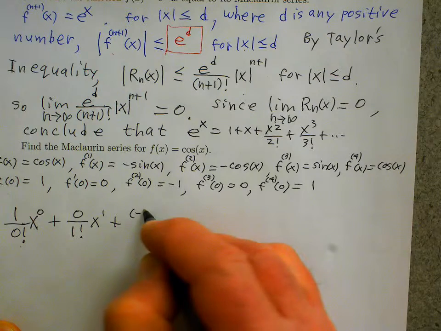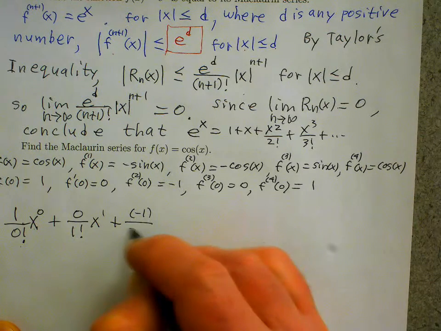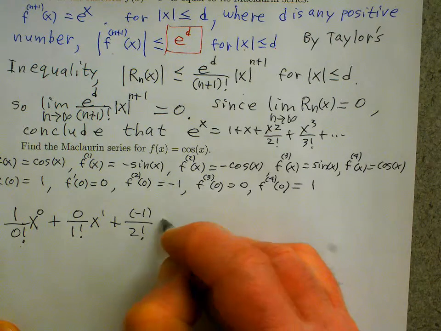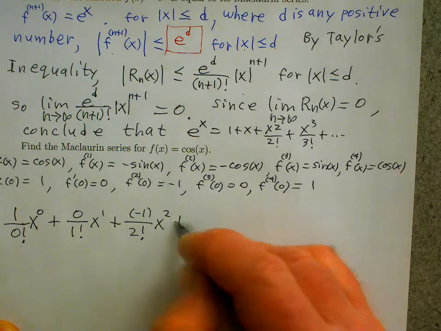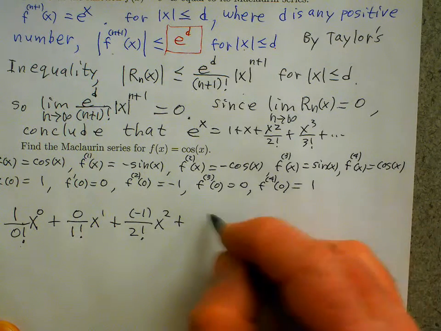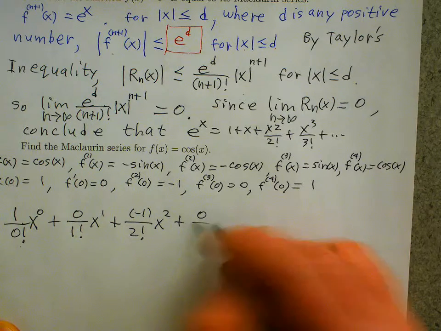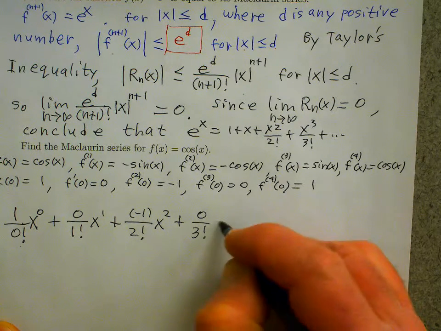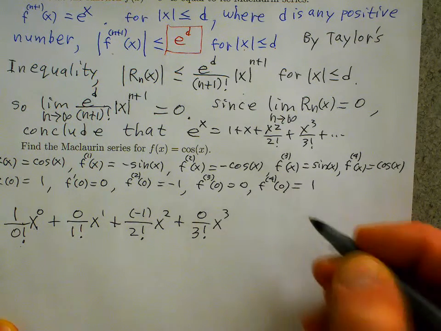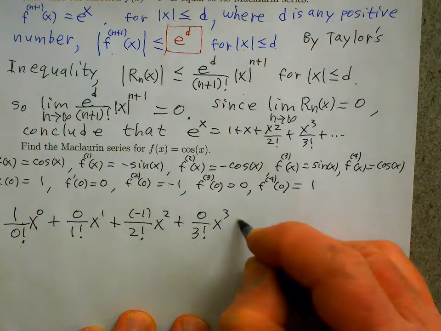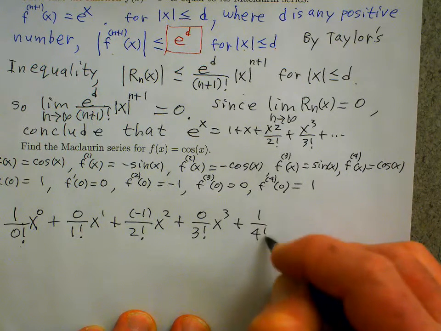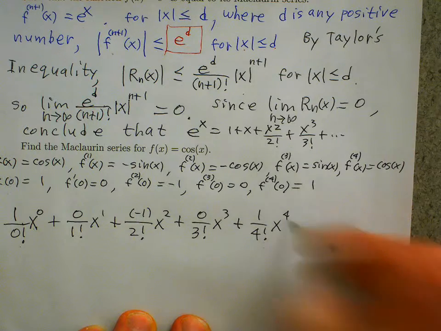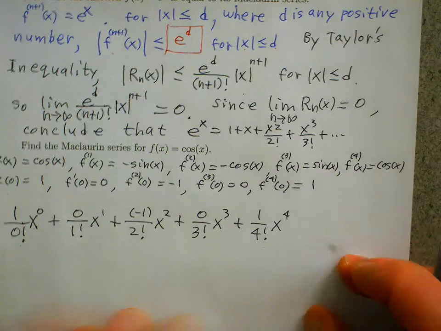Plus -1 over 2 factorial times x to the second, plus 0 over 3 factorial times x to the third, plus 1 over 4 factorial times x to the fourth, and so on.